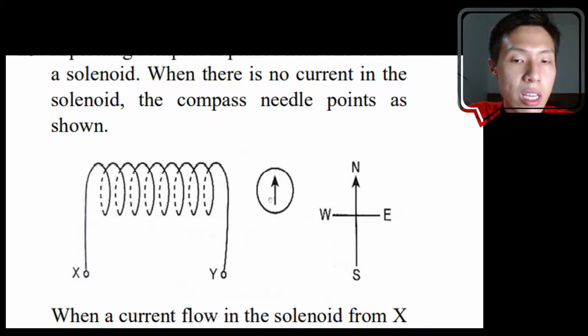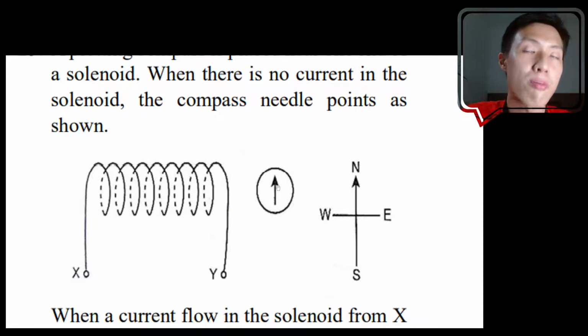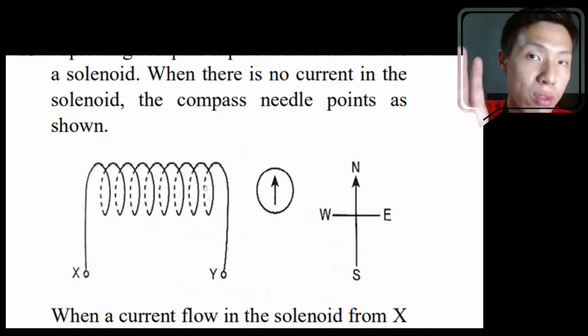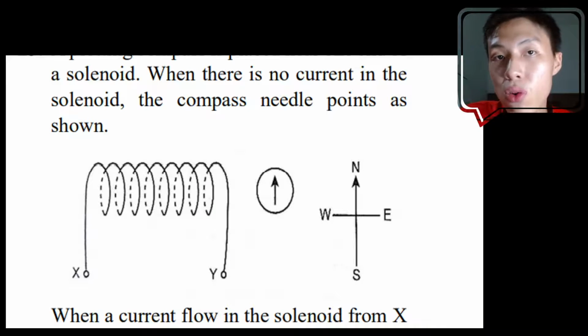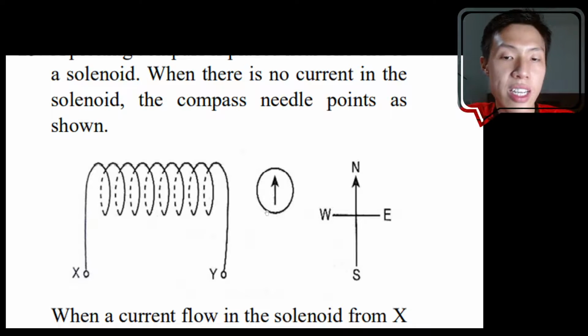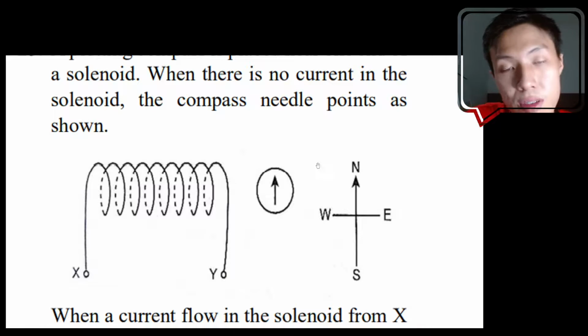So the compass pointing in this direction is only influenced by the Earth's magnetic field. There's no other current around the compass, so there are no other sources of magnetic field near it. So this direction is the direction of the Earth's magnetic field.